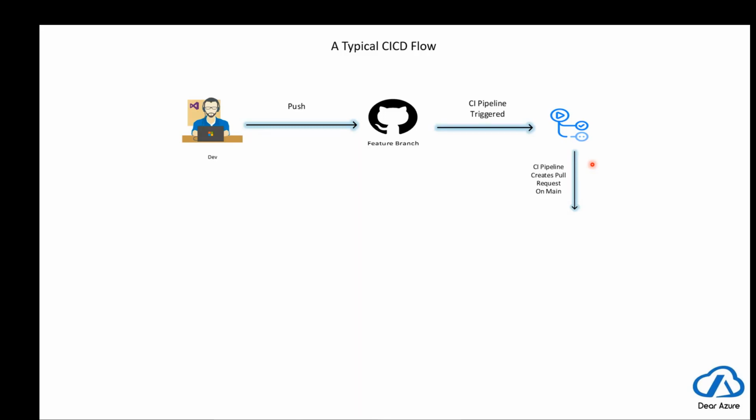Now, in real life, we can have multiple branches in between, like a main branch, a staging branch, and then the feature branch is created from the staging branch. So this can change. I'm just taking two branches for the example. Once the pull request is raised on main, the reviewer reviews the pull request, whether everything is good.